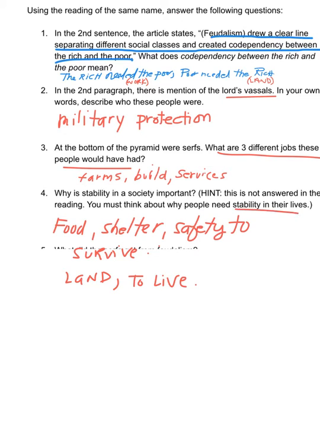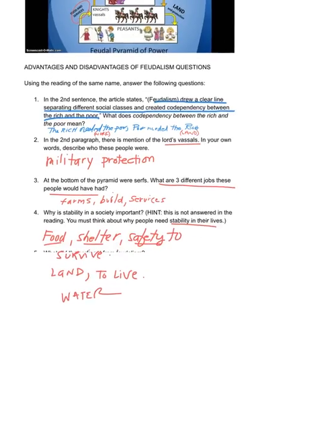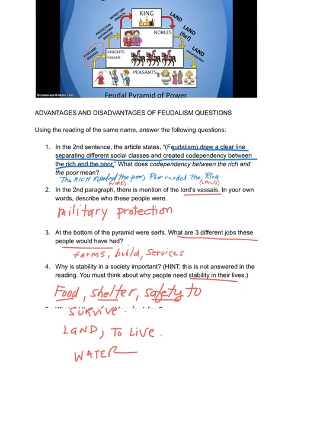So you need to have that in your life. You have to have stability. You have to have food, shelter, and safety to survive. Okay? Another thing we need to have is water. We need water too. We need to have things to survive and to live. Stability. If you don't have that, it's going to be really hard to live.